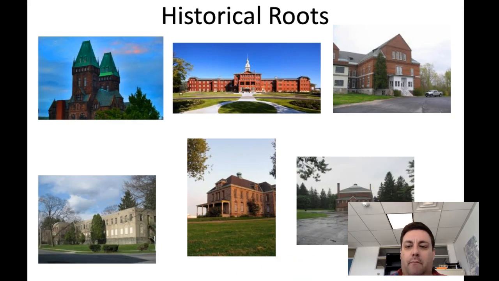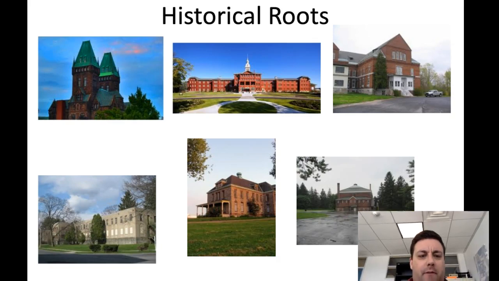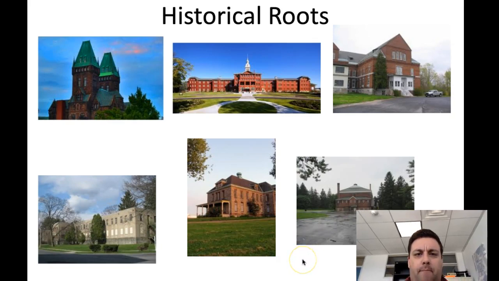These are pictures of some of what these institutions would look like. The Buffalo Psychiatric Center is up in the top left there. One of these other ones, I believe, is the Warren Psychiatric Hospital.